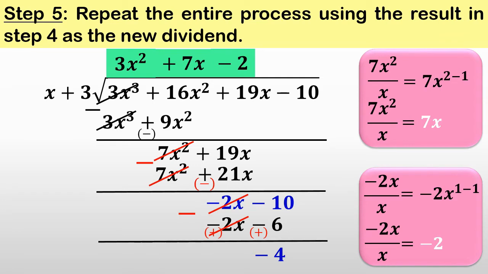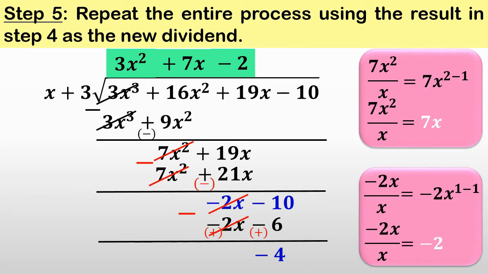So, dahil ang ating negative sign ay nasa mas mataas na number, which is 10, therefore the result is equal to negative 4. Okay, now, since we end up here, dahil wala na tayong susunod na term sa ating dividend, that is the end of our solution.